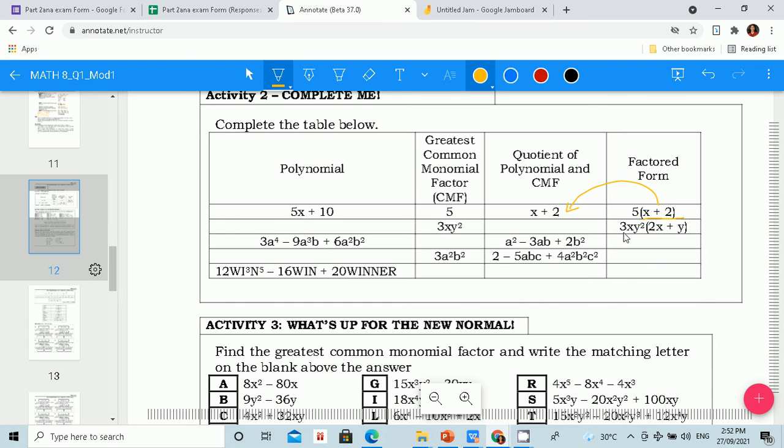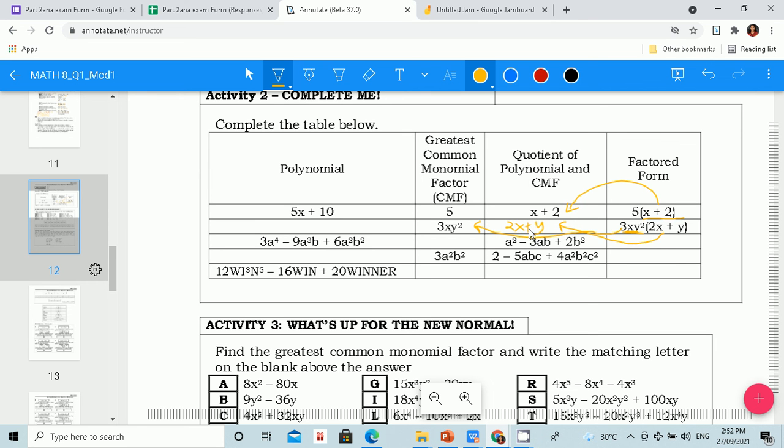Since this one is your GCF, for sure this 2x plus y is your quotient of the polynomial.